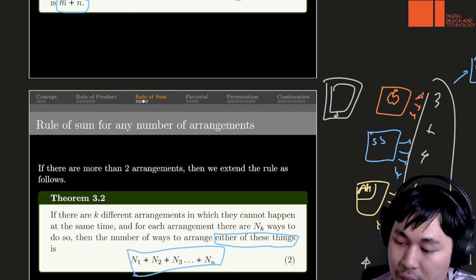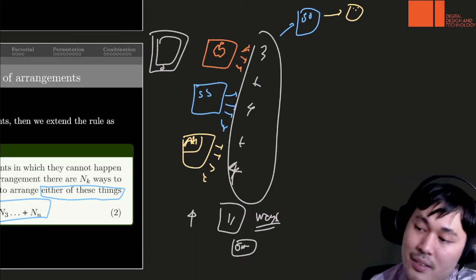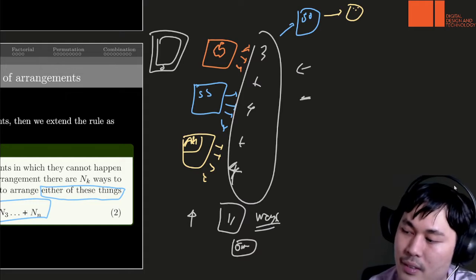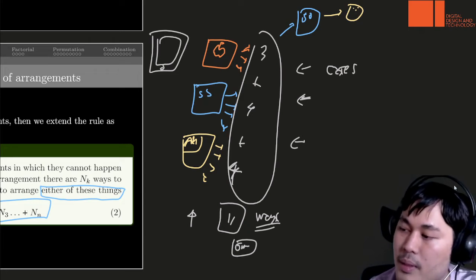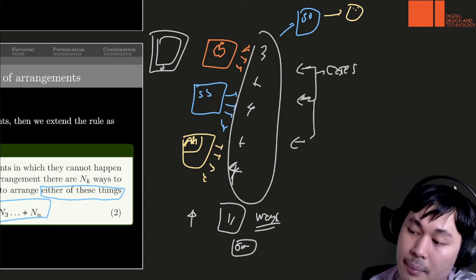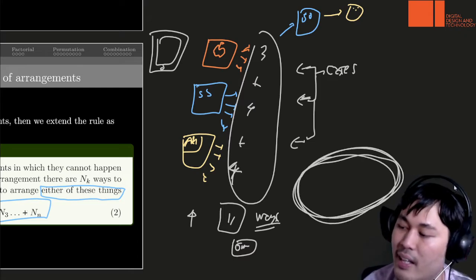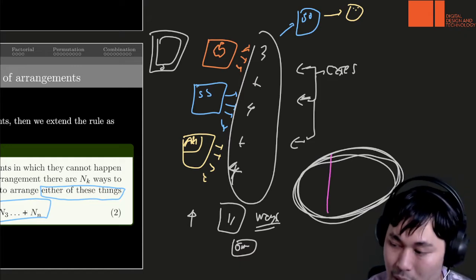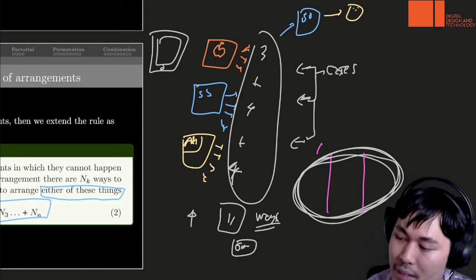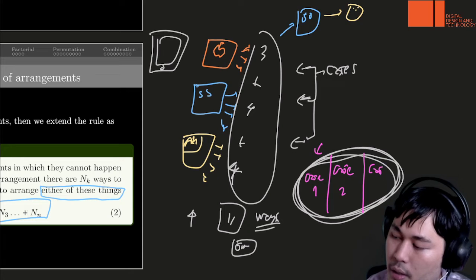And in this case, even if it sounds basic, usually we think of these things as cases. Oh yeah, I don't have it in the slide, but we think of this rule of sum as cases. If you have to do something, and there are several ways to perform it, you can separate them into cases. Maybe that's case 1, and then case 2, and then case 3.